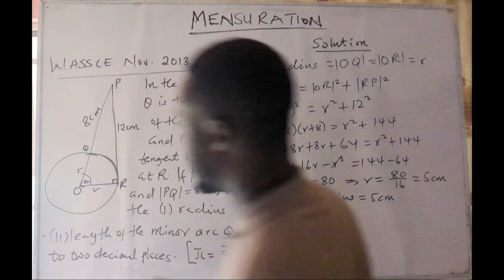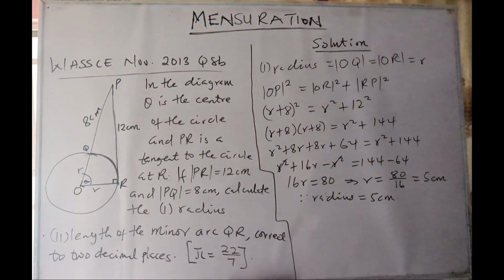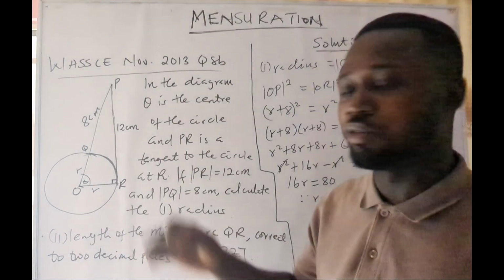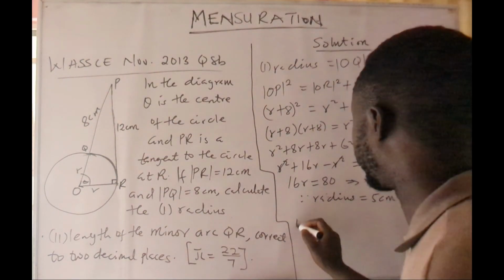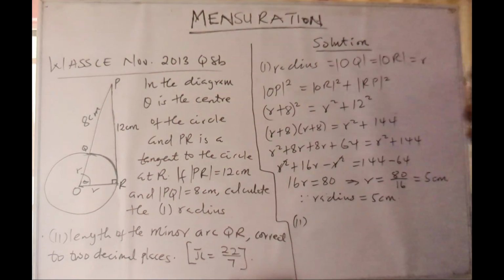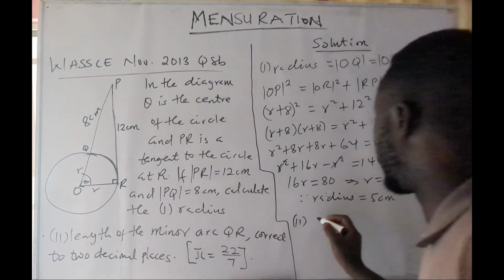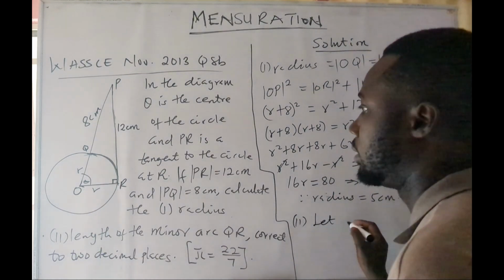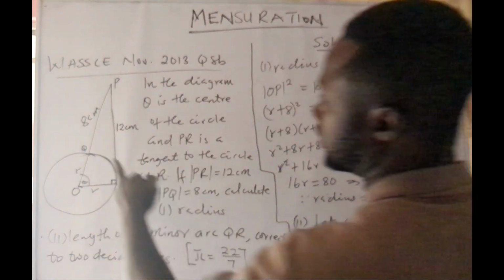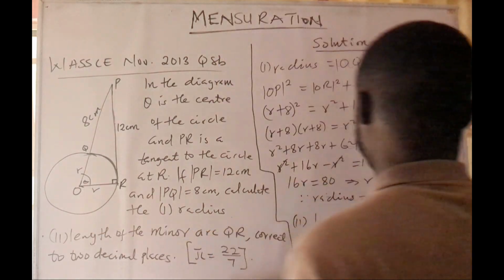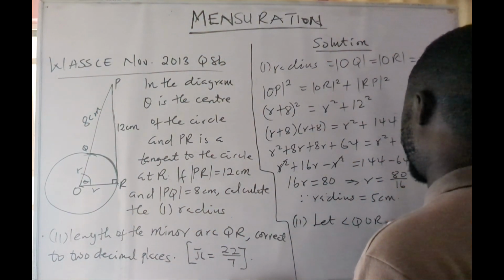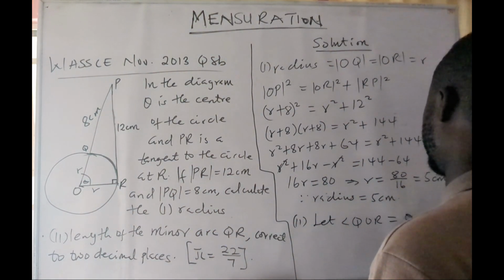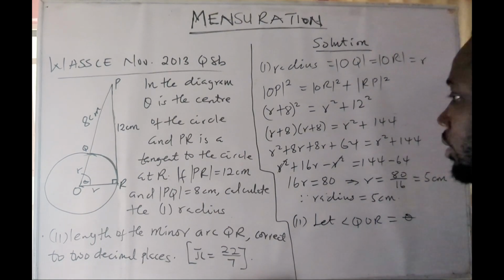So I'm going to find the angle. Since I'm looking for the length of the minor arc, I'll use the angle. Let angle QOR be equal to theta.